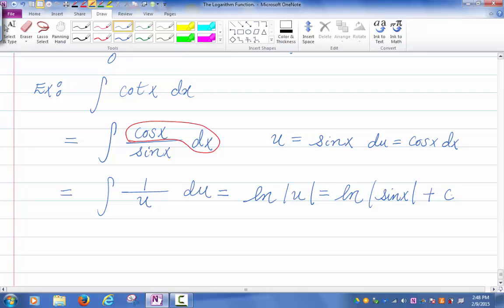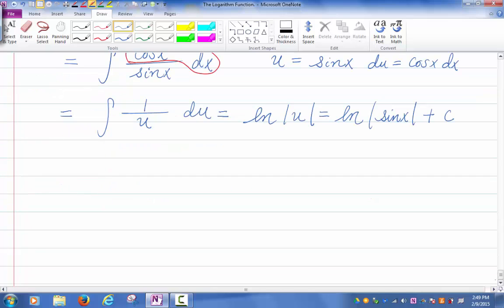So what's the integral of cotangent? The integral of cotangent is ln of absolute value of sine x plus c. Do you need to remember that? No. You need to remember the integral of sine and cosine and the integral of 1 over x. If you know those, you know how to find the integral of cotangent.